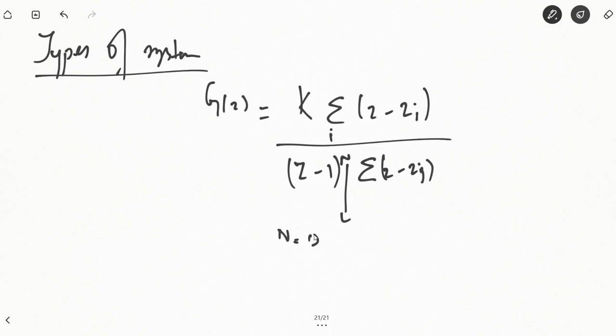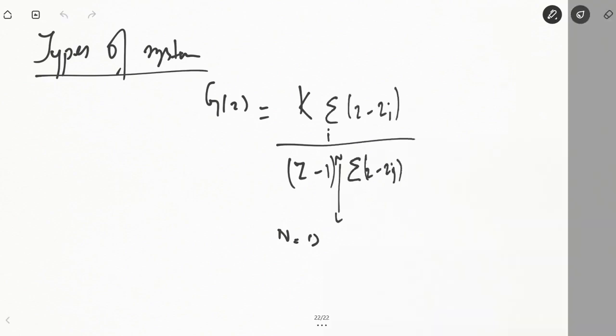That means there is actually no pole of z located at the circumference of the unity circle. If you have n equal to 1, you will say there is one pole located along the circumference of a unity circle. If n is equal to 2, you will say there are two poles of z that are located along the circumference of a unity circle.